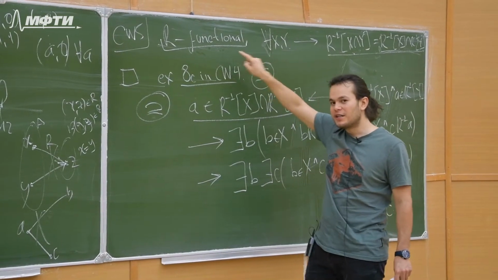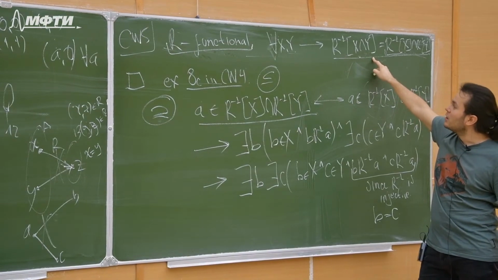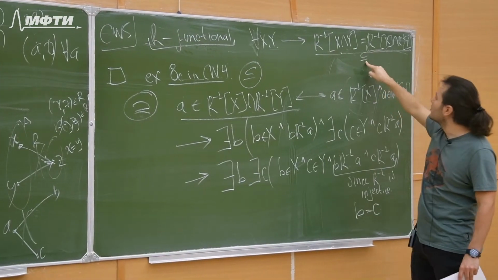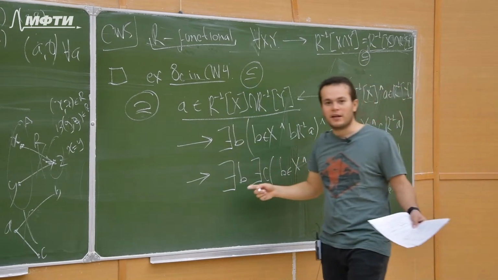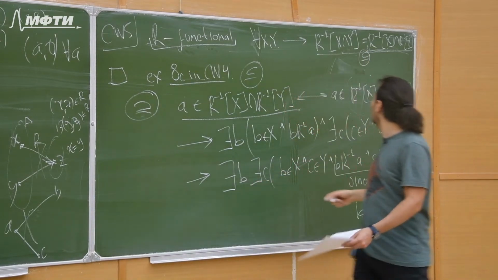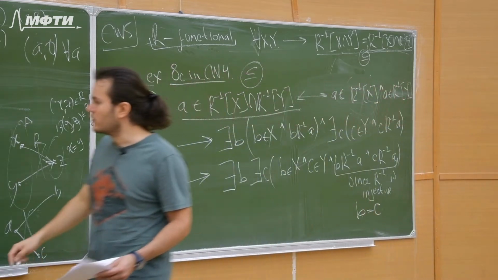If R is not functional, then this is not true, right? It's true, this other one, in this case if R is any relation. Okay, good. So this was exercise 2.